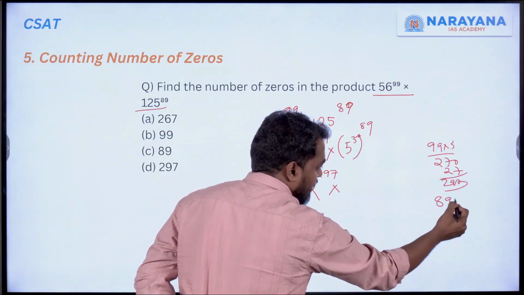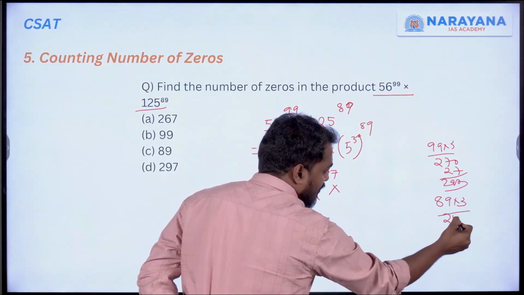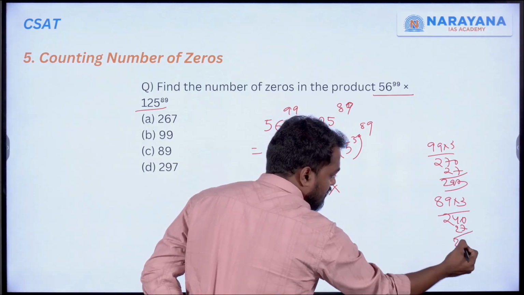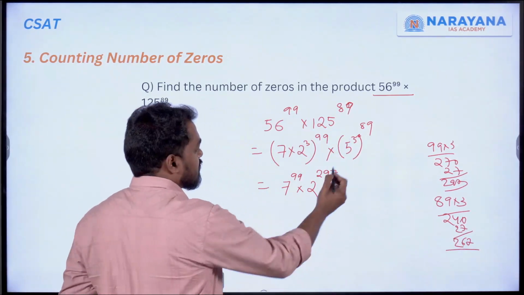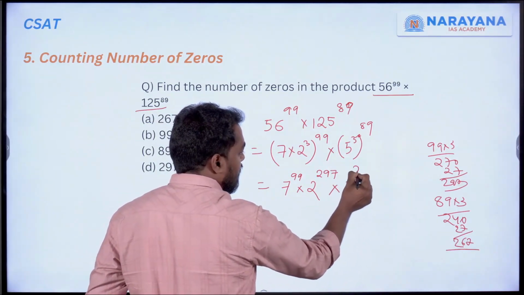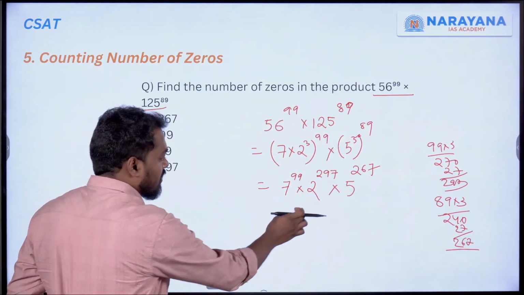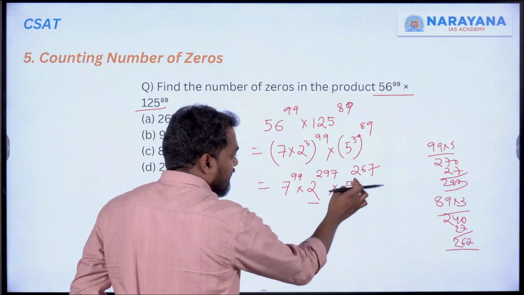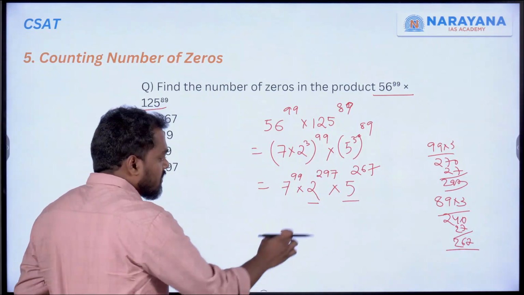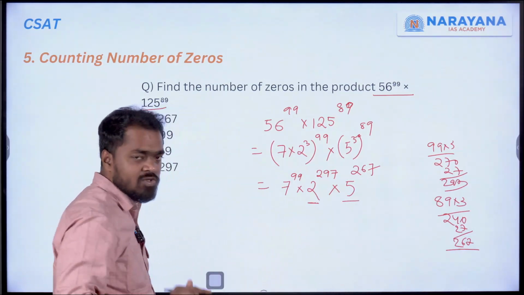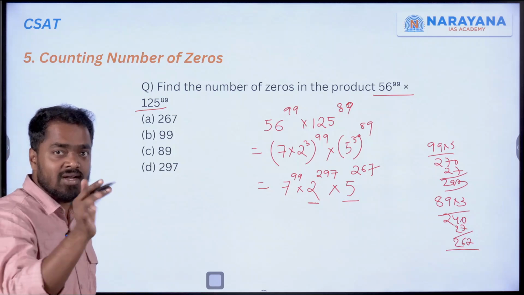What is 89 into 3? 267. So this is nothing but 5 to the power 267. So here there are 5 to the power 267 and 2 to the power 297. There are extra 2's, but that doesn't matter.